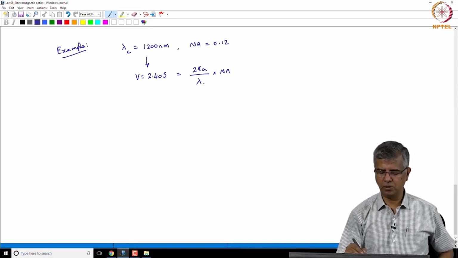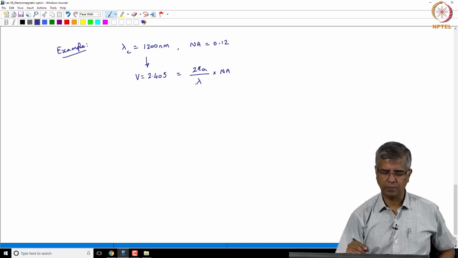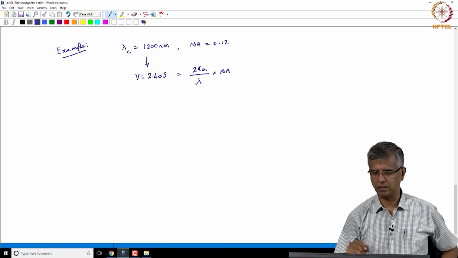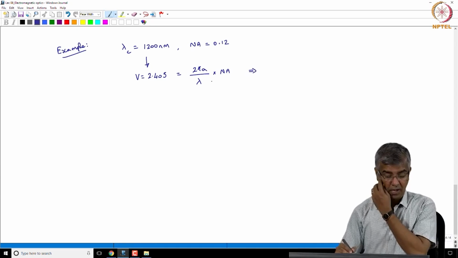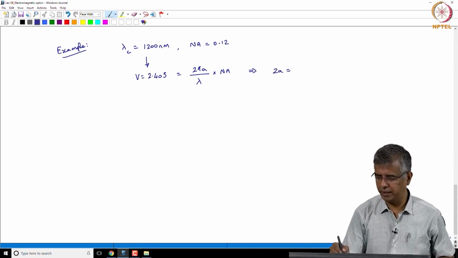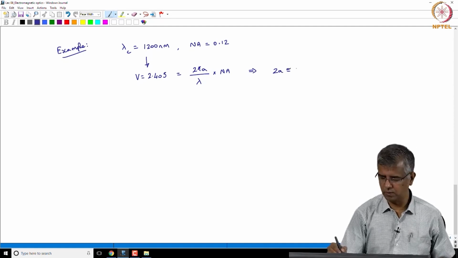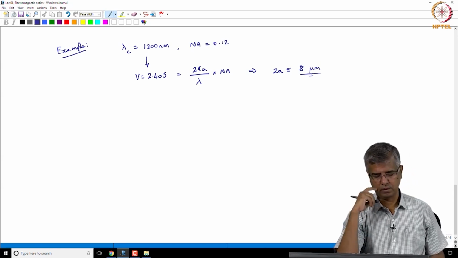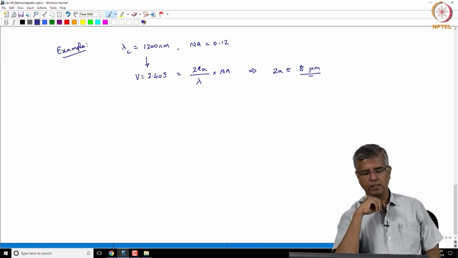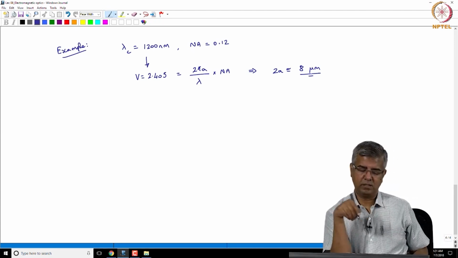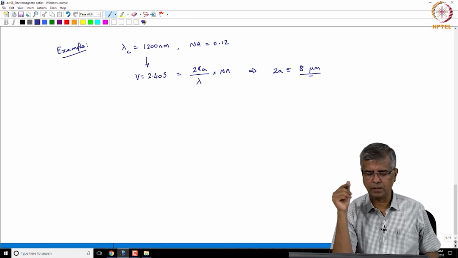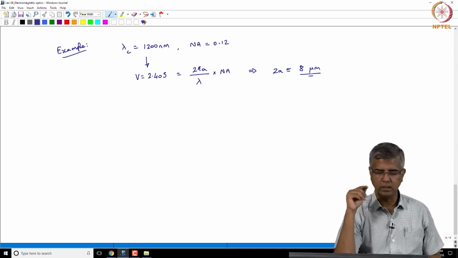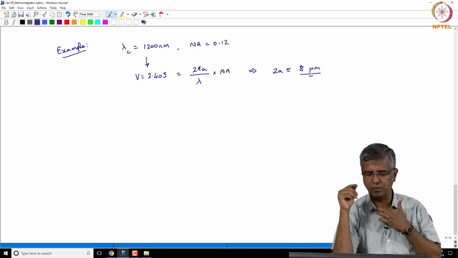So, if you substitute lambda equal to 1.2 micrometers and all the values given, you can find out that 2a would roughly correspond to about 8 microns. So, let us say we have this waveguide. In fact, this is one of the waveguides that we will be using in the demo and the lab experiment this week. So, this is a standard telecom fiber.